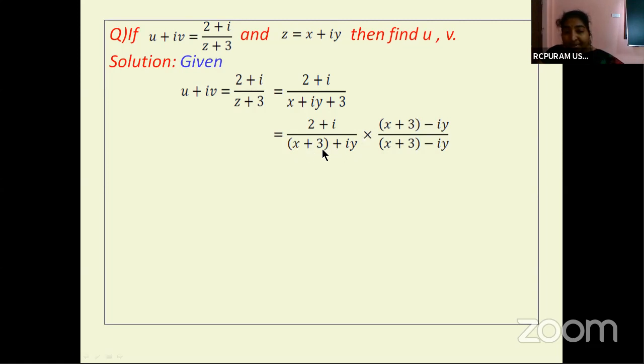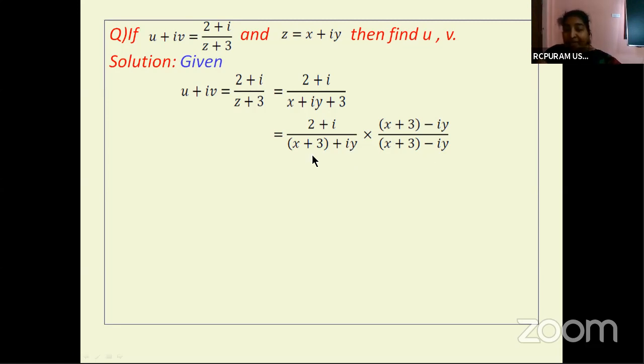Now, for x plus 3 plus iy, the conjugate is x plus 3 minus iy by x plus 3 minus iy. Here, if you are not rearranging it, it will be difficult to write your conjugate, children. And why are we multiplying and dividing with the conjugate here? Not to leave i in the denominator. That is the prerequisite condition what we have seen.